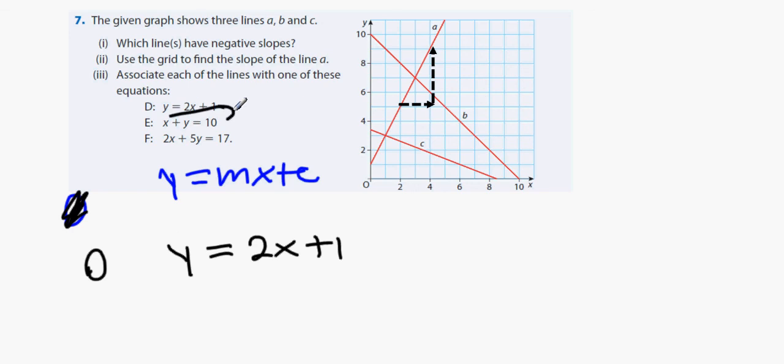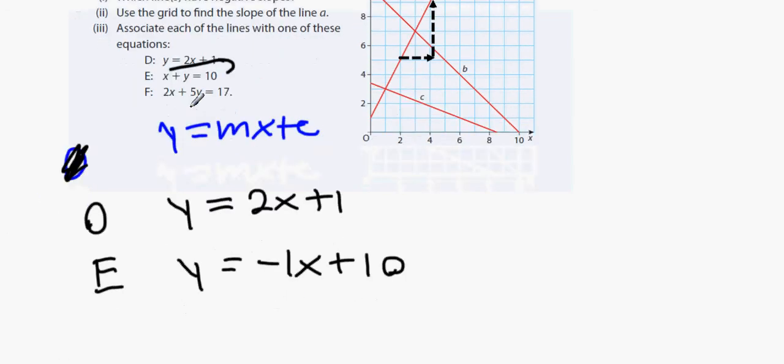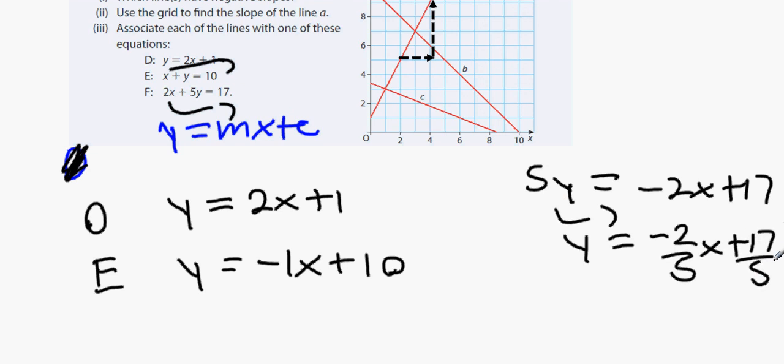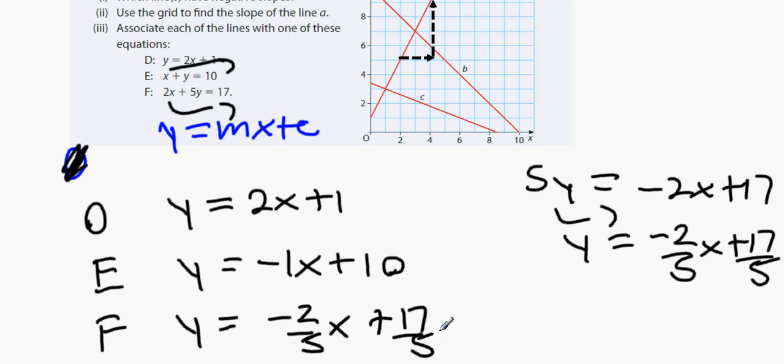Line E is y equals minus 1x plus 10. And for F, we move over the 2x, so 5y equals minus 2x plus 17. Bring the 5 underneath: y equals minus 2 over 5x plus 17 over 5.